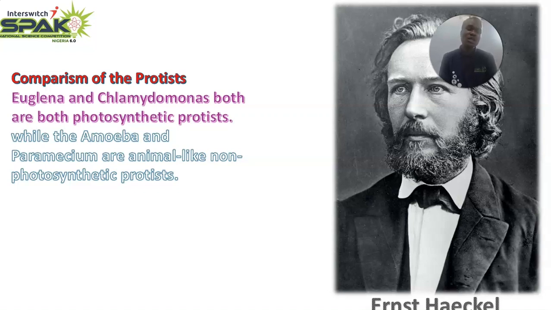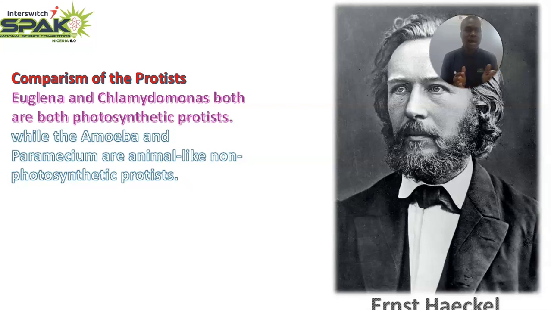Now, briefly, since we listed all the protists when we were talking about the cell as a free living individual, let's briefly look at a comparison between the protists. Of course, I made mention of about four, but out of these four, two of them, Euglena and Chlamydomonas, are both photosynthetic protists that show some plant life features, by which I mean they can carry out photosynthesis to manufacture their own food.